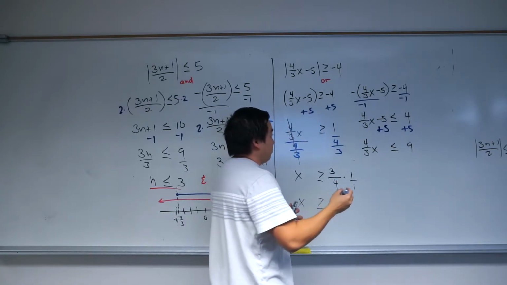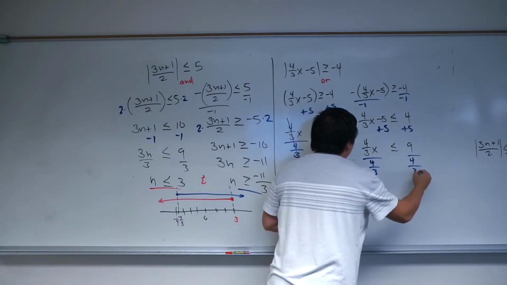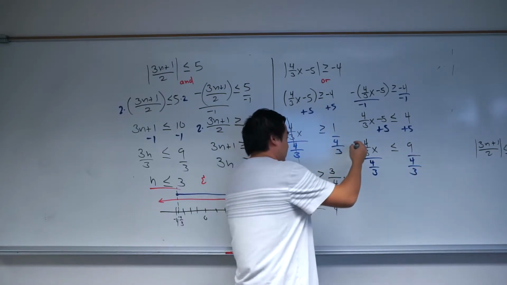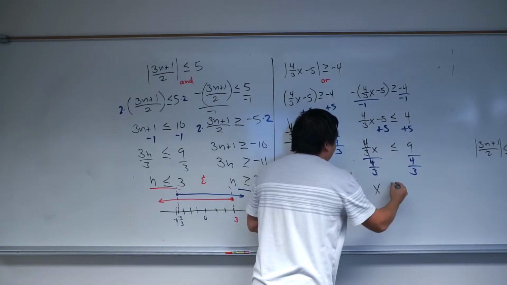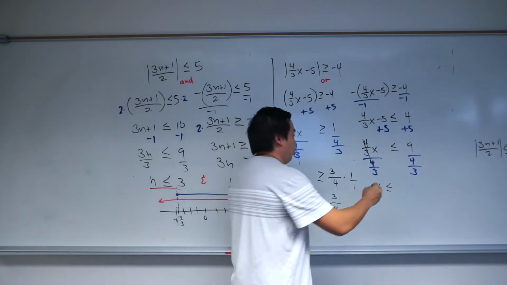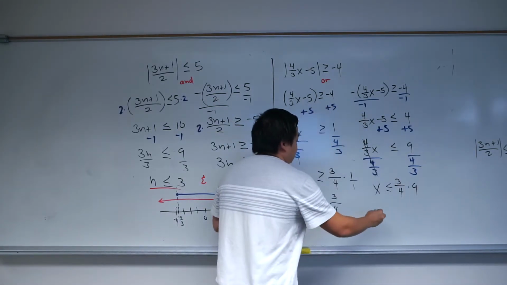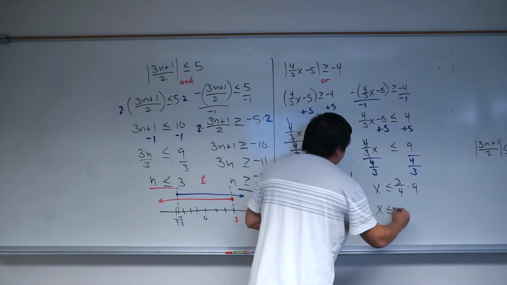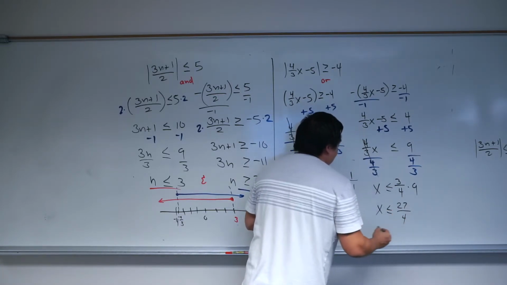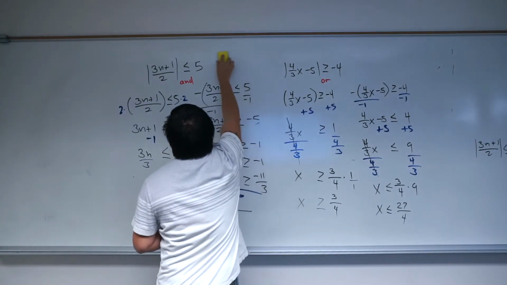Again, divide through by the 4 over 3. The left-hand side cancels, and x is less than or equal to, remember, flip the bottom, 3 over 4 times 9. So here, x is less than or equal to 27 over 4.